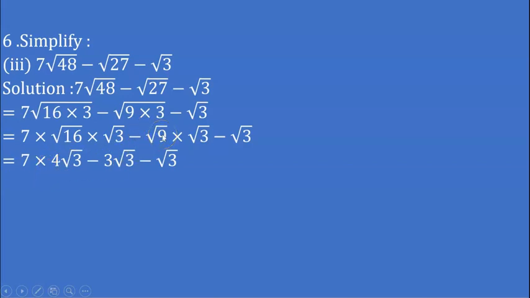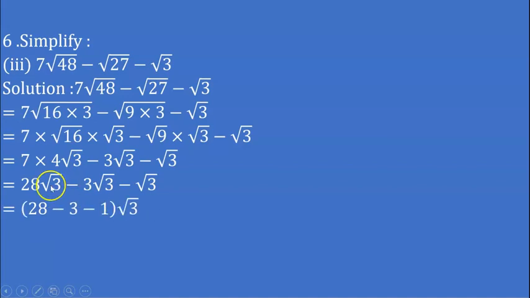Root of 9 means 3, so 3 root 3 minus root 3. Next, 28 root 3 minus 3 root 3 minus root 3. Take root 3 as a common. Then in bracket you will get 28 minus 3 minus 1, bracket complete into root 3. 28 minus 3 means 25, minus 1 again, it will become 24. Hence the answer is 24 root 3.